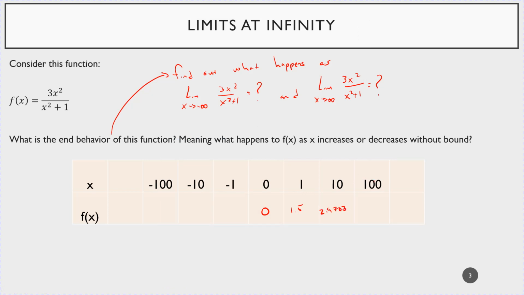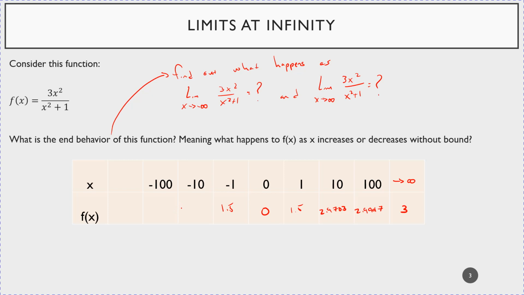If you were to do the same thing and plug in 100, you would get 2.9997. So look, as x is increasing, it looks like it's going towards 3 here. Same thing on the other side. If you plug in -1, you're going to get 1.5.